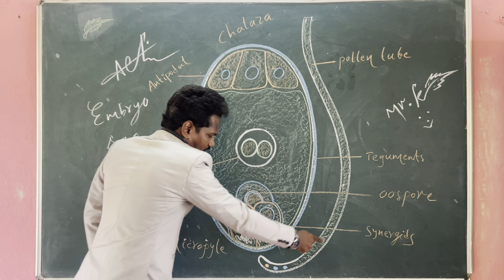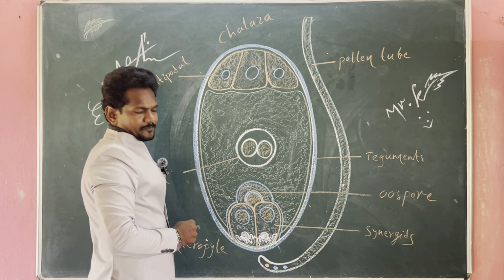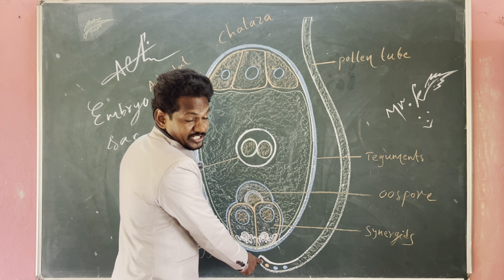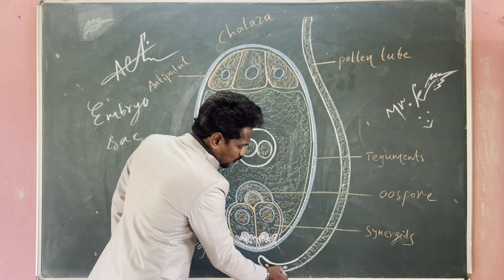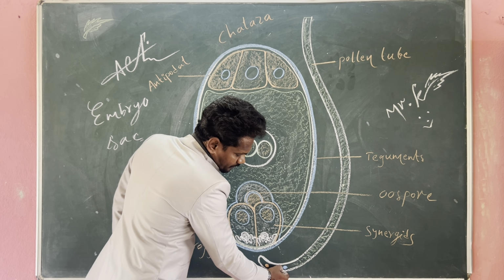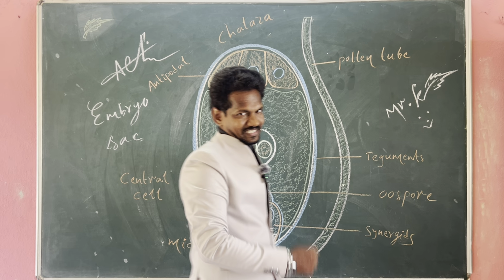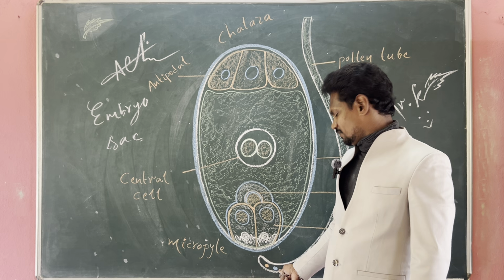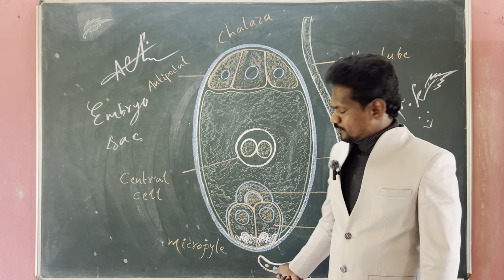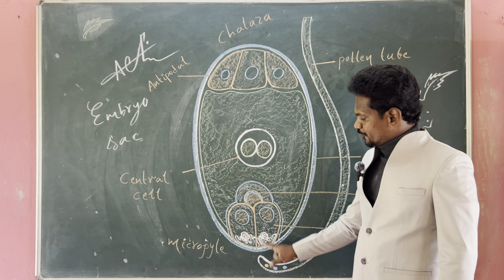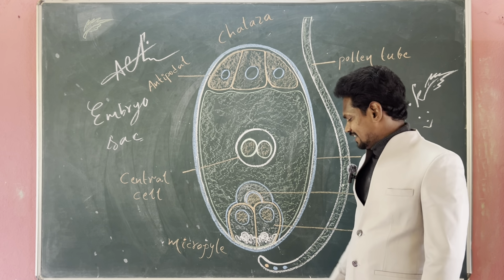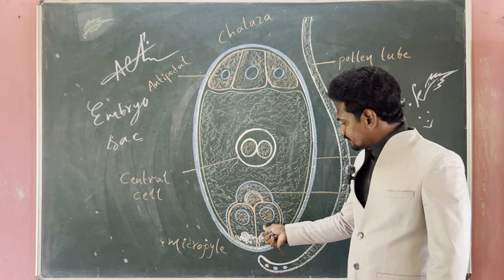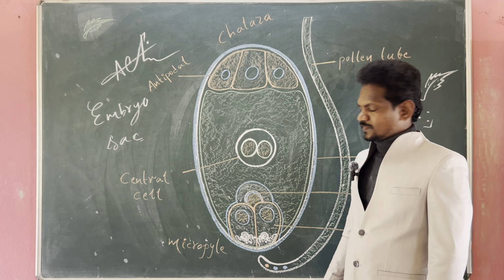While the pollen tube enters into the embryo sac, it carries one vegetative nucleus and two pollen grain nuclei, nothing but male nuclei. When the pollen tube enters the embryo sac, the vegetative nucleus degenerates and one of the synergids also degenerates.